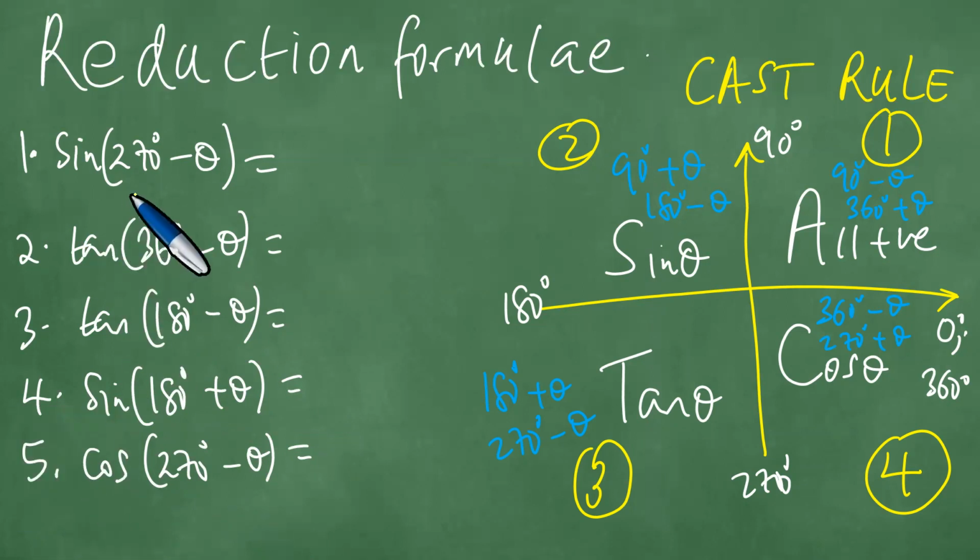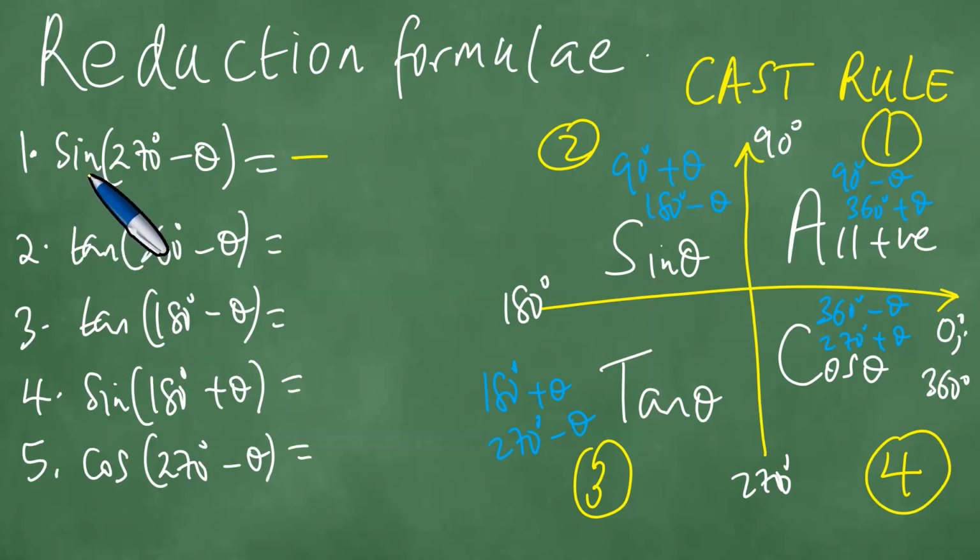We start as follows. 270 minus theta is in the third quadrant. In the third quadrant, the only function that is positive is the tangent function. So we can see therefore that the sine itself is going to be negative in the third quadrant.